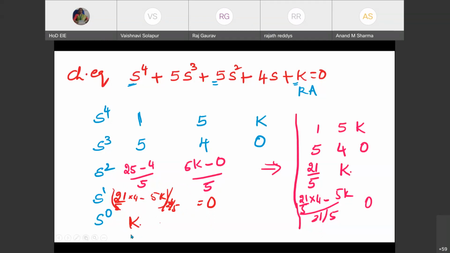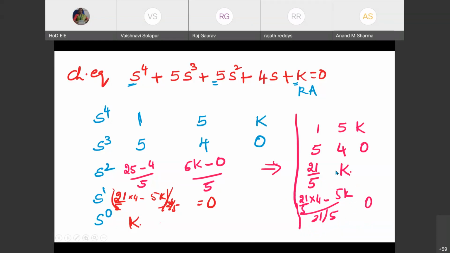How do you get this as k? Because this factor multiplied with k, minus 0 into this, that means 0 only, divided by 21 by 5. Let us say this entire thing is c.